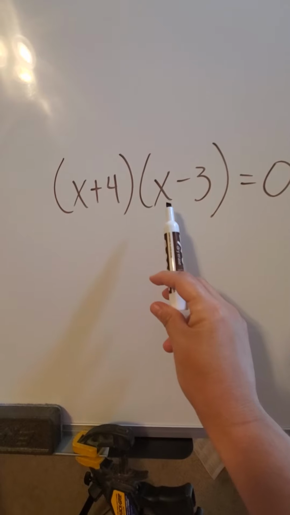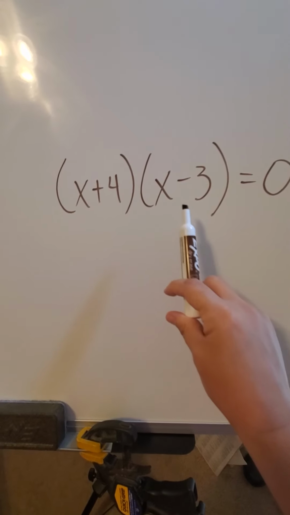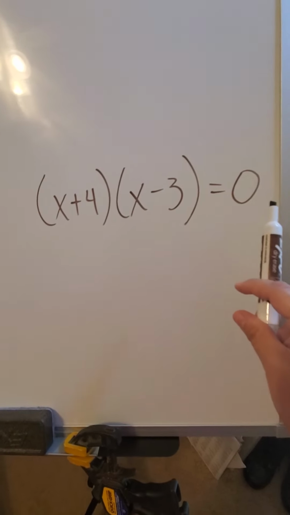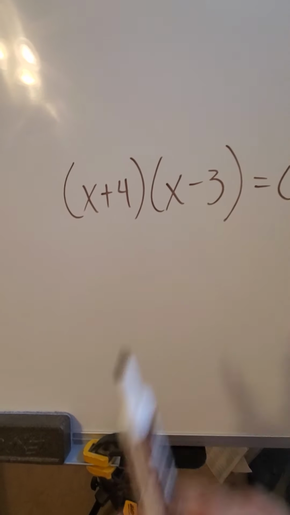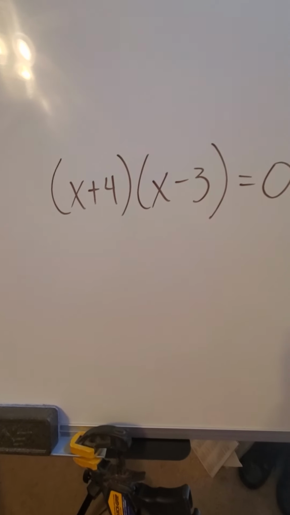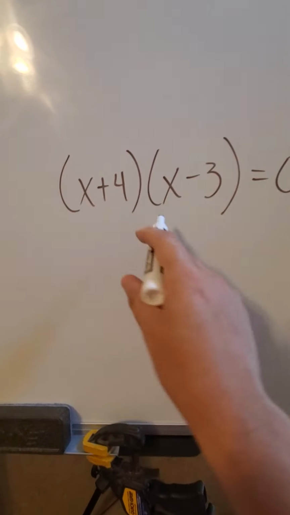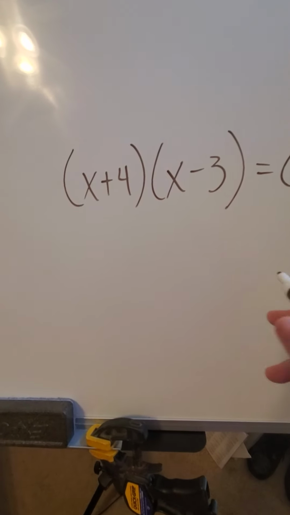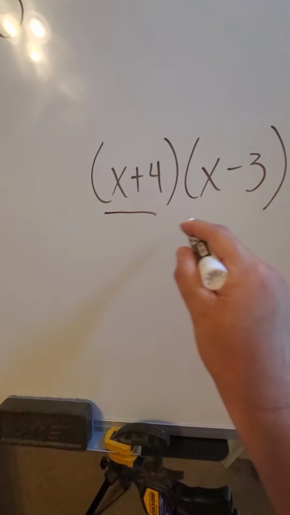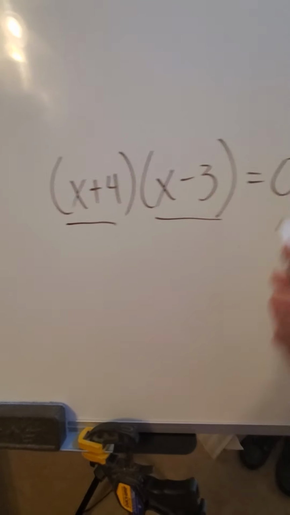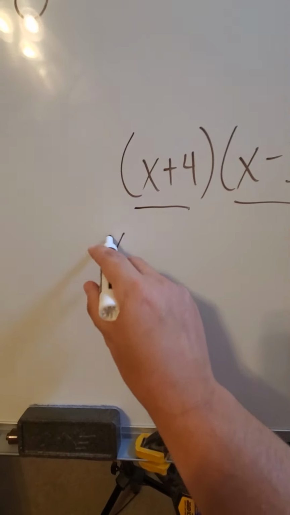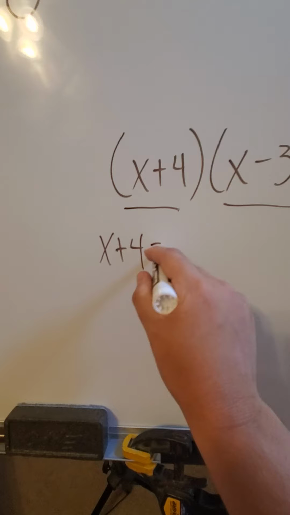It's just an x. So if I'm taking two numbers and multiplying together and I'm getting 0, one of those has to be a 0. So to figure out what my x value could be in either case, I take each one of these separately and set them equal to 0. So I'm going to say x plus 4 equals 0.